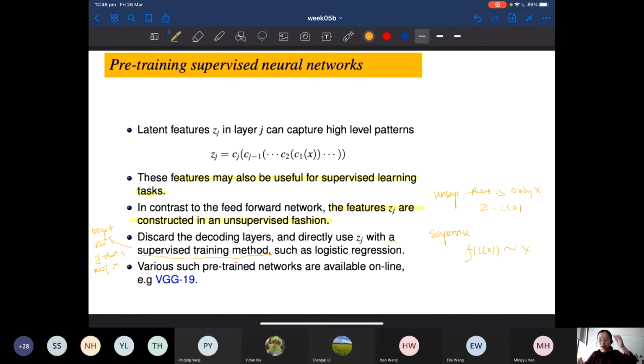Various pre-trained networks are available online. Here I will clarify that these pre-trained networks use essentially supervised end-to-end training. They don't have an autoencoder stage.